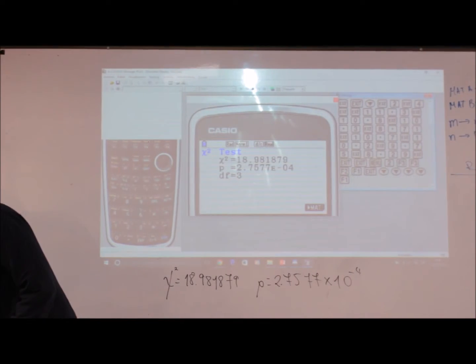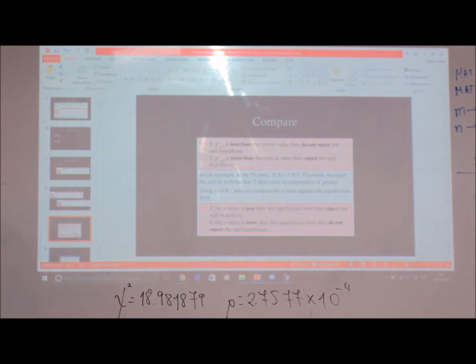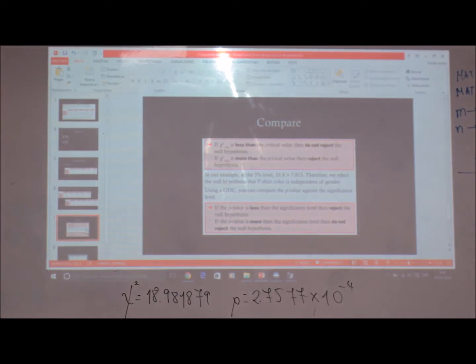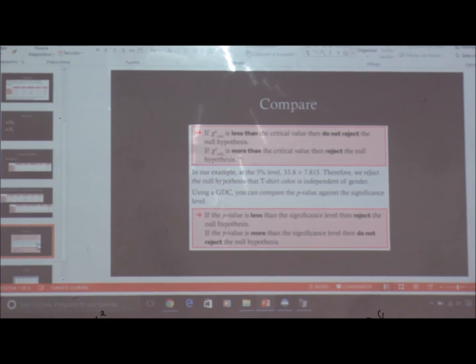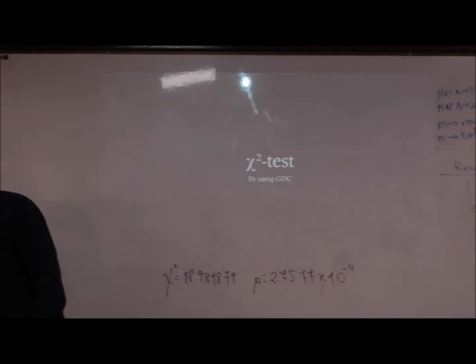Okay. Now we are going to remember how to analyze it. But before, there's something that we need. What was the significant level that was given? 1%. Okay. 1%. And degrees of freedom? 3.